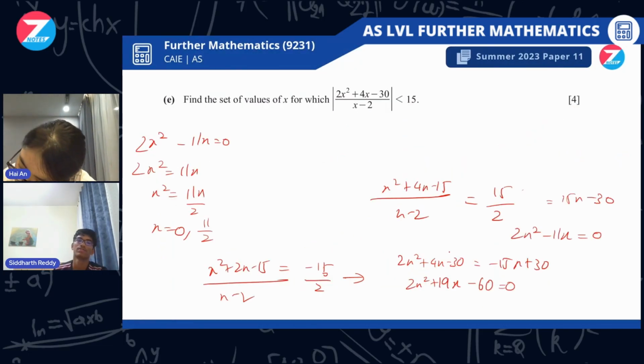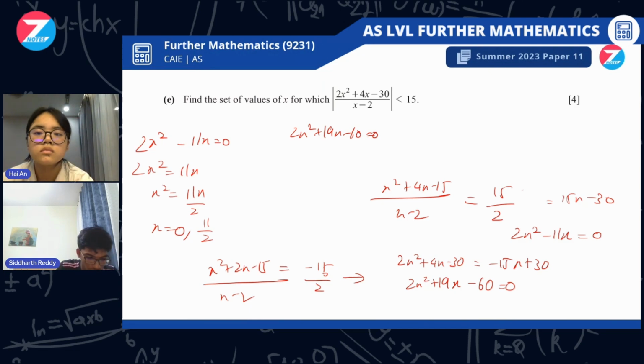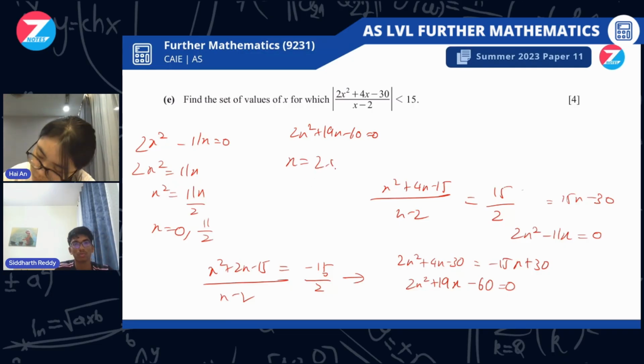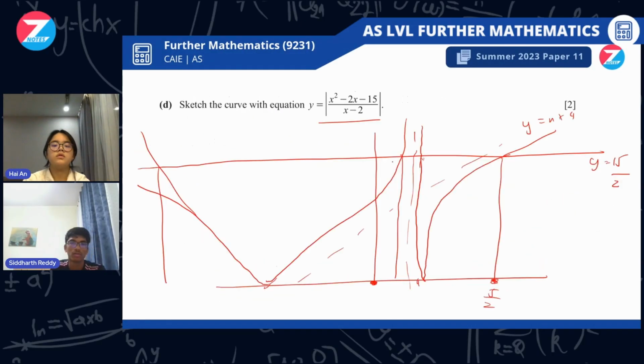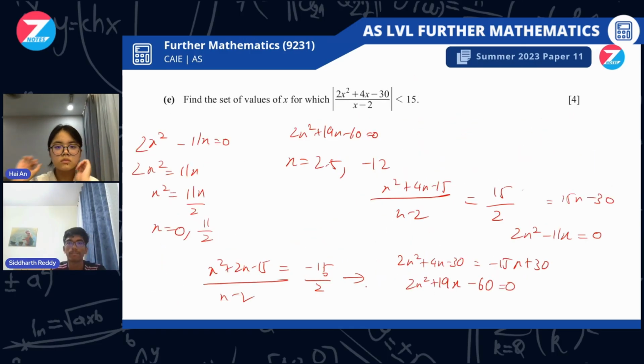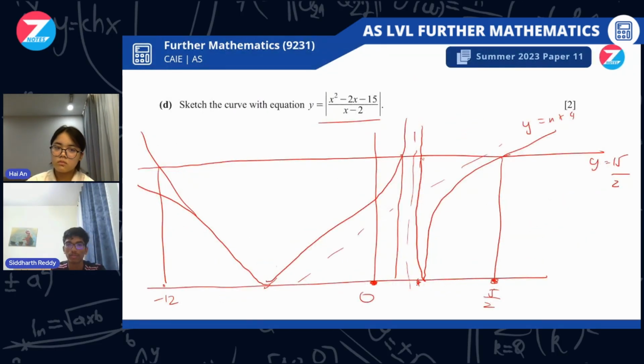Okay. Now let's find the reflected intersections, which would happen at 2x squared plus 19x minus 60 is equal to 0. So solving this, we get x is equal to 2.5 and minus 12. So minus 12 would correspond to somewhere here, minus 12, 0, and 2.5 with this one.